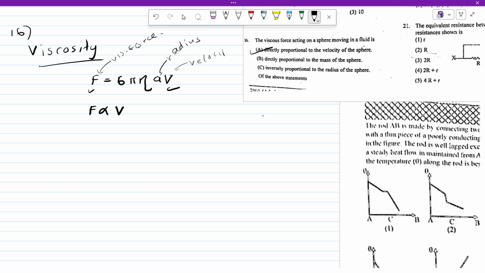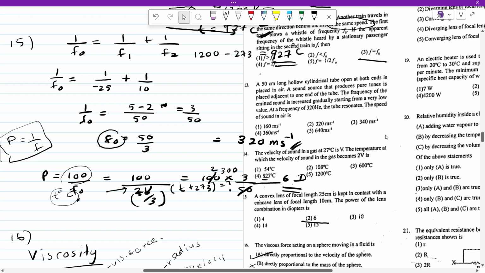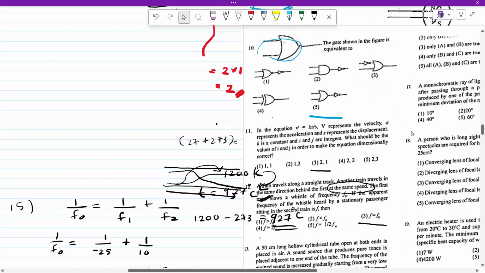The coefficient of viscosity is a constant. So the force F is proportional to the radius of the sphere. Statement C, inversely proportional to the radius of the sphere. No, it is directly proportional, not inversely proportional. So C is false. B is also false.